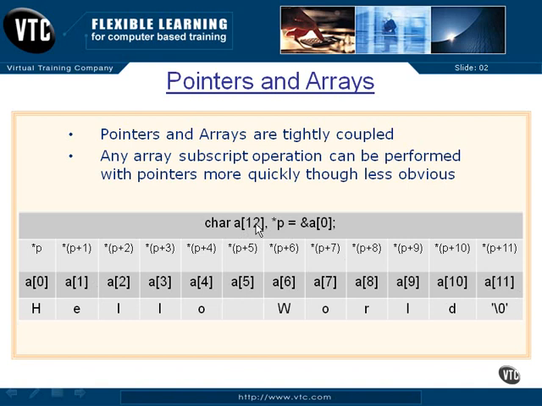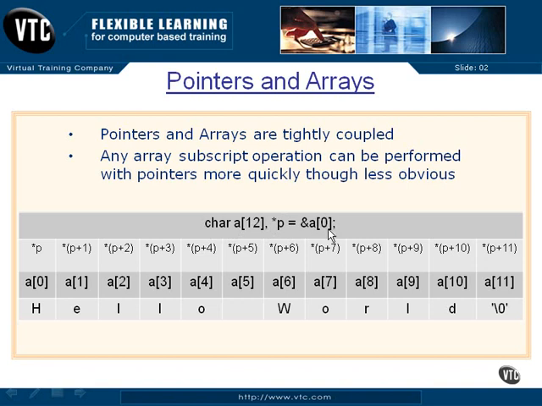We make a character A of 12, comma, a pointer called P, and this will be a character pointer, and has an asterisk there, and our initialization sets P equal to the address of A sub 0, which is this first byte right here. Now we could have just as easily said in this definition that P is equal to A and left off the address of sub 0, because that's what A is.